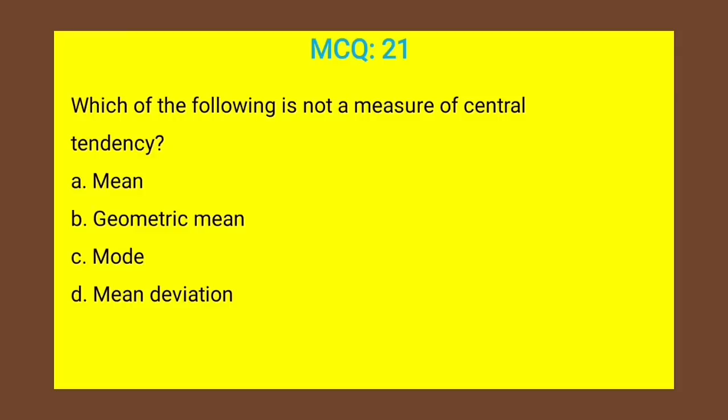Looking at these options, we can clearly see that the one that is not part of the measures of central tendency is the mean deviation, which is D. Mean deviation is an element of the measures of dispersion, where we talk about the spread or variability of data. So the answer is D.